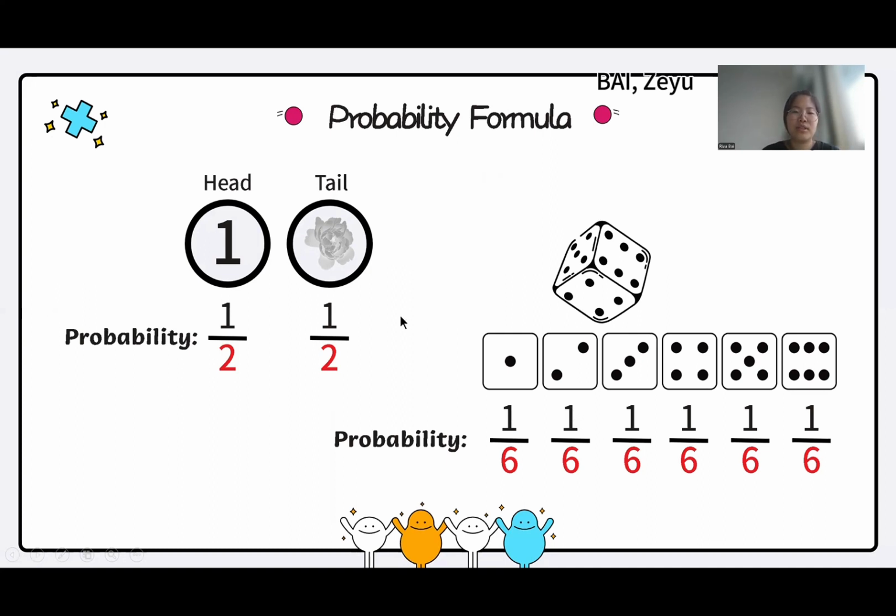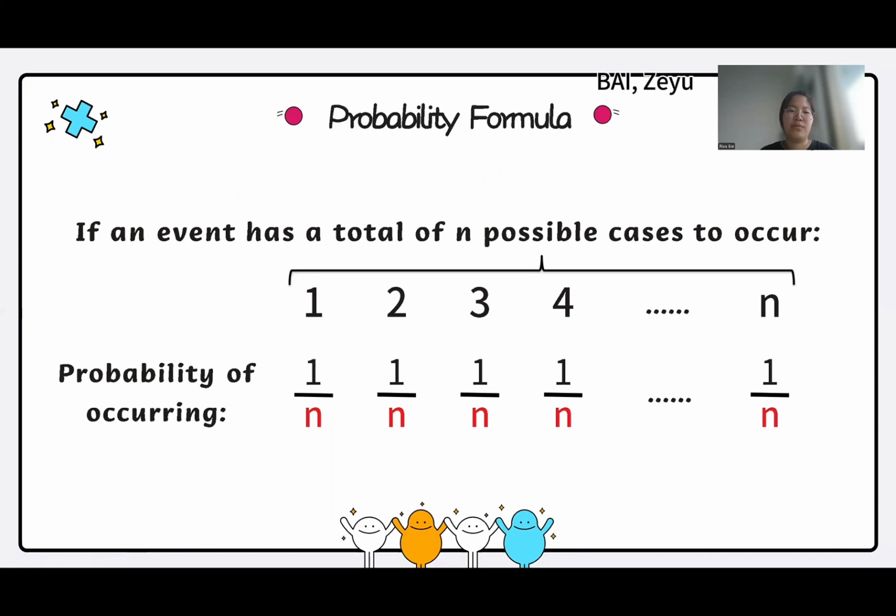So from these two games, do you find any patterns in the denominator? For the coin game it is equal to 2, and for the dice it is equal to 6. Any patterns? If an event has a total of n possible cases to occur, then the probability of each case occurring is equal to 1 over n, which means the denominator is equal to n possible cases.